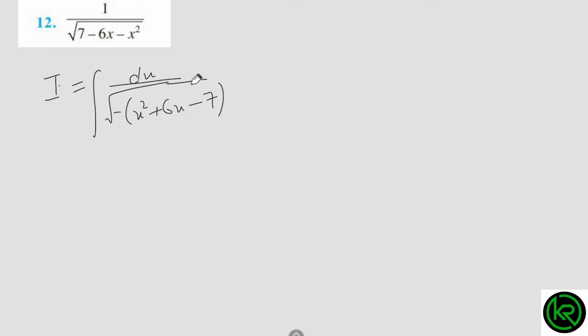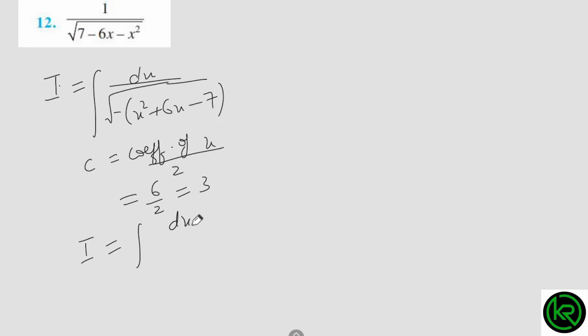Okay students, so minus minus will be plus, that's why. And now we have to get c. I told you, again I am telling you, coefficient of x upon 2, and the coefficient of x is 6, 6 upon 2 is 3. So we get c equal to 3, and now we have to add the square of c and subtract also.